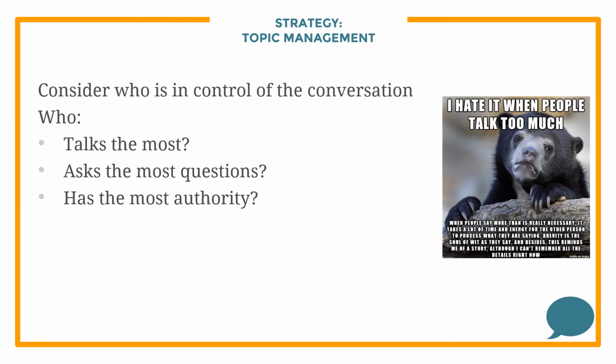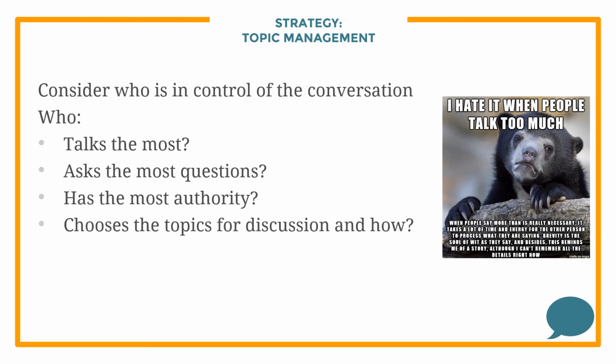For instance, if it were a conversation between a parent and a child or a teacher and a student, is there someone who has more authority or power? And we want to look at who is choosing the topics for conversation and how they are choosing them. How are they changing the topic? How are they deciding what gets spoken about? That's what we need to consider when we do topic management.